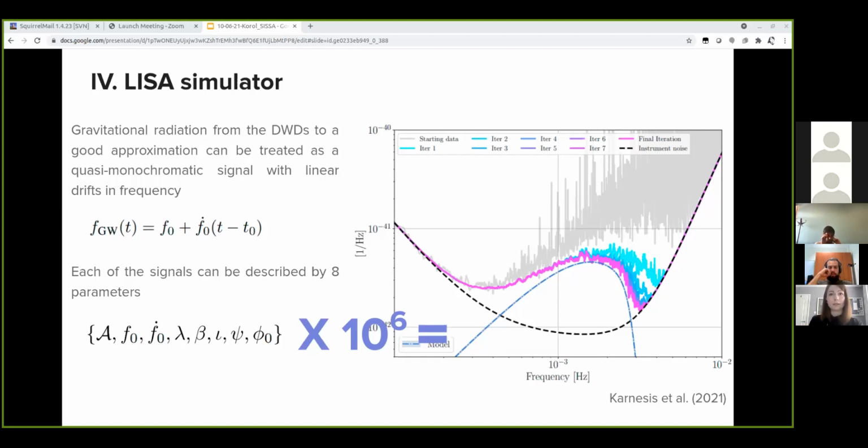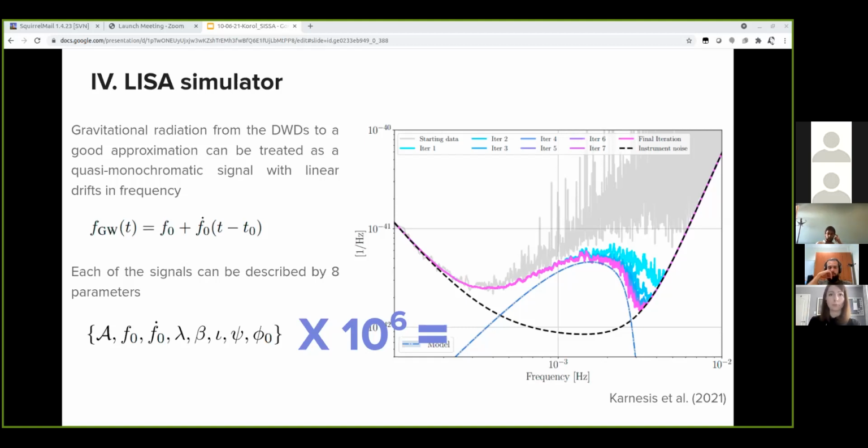On the right, you have represented spectral density as a function of frequency. The gray line there represents one of my mock populations. Each vertical line is actually a binary system.